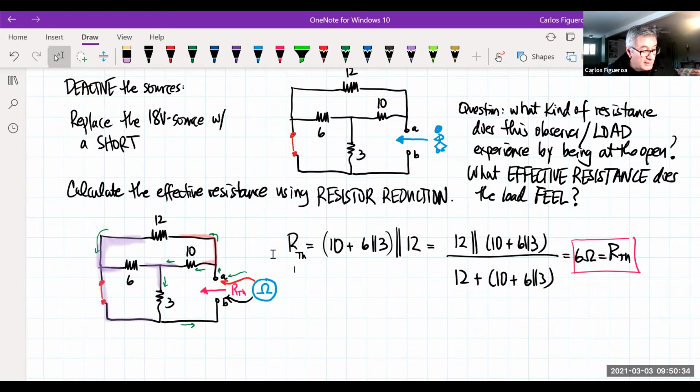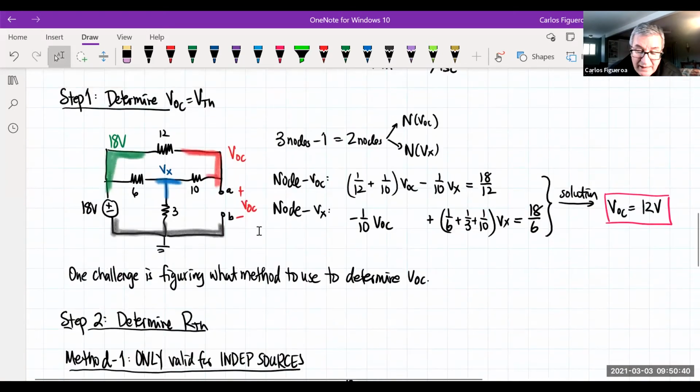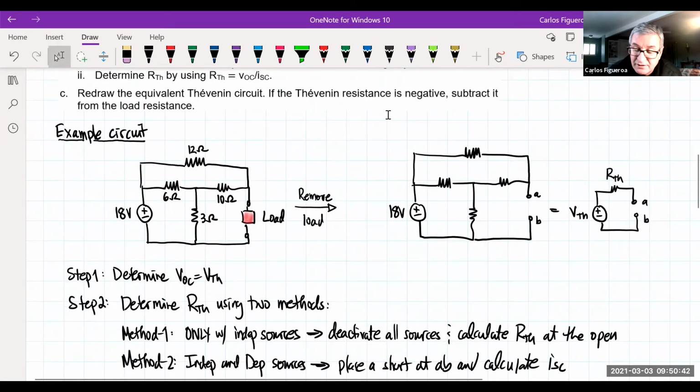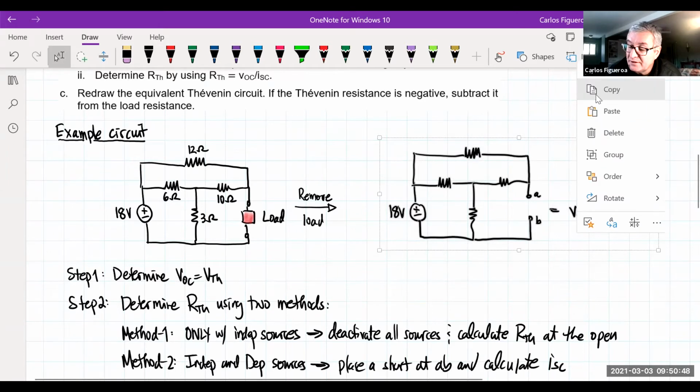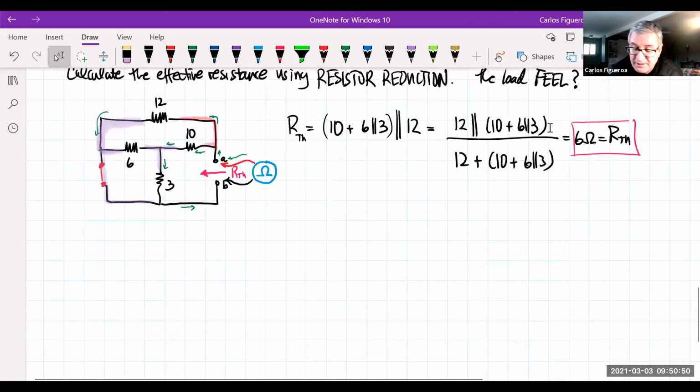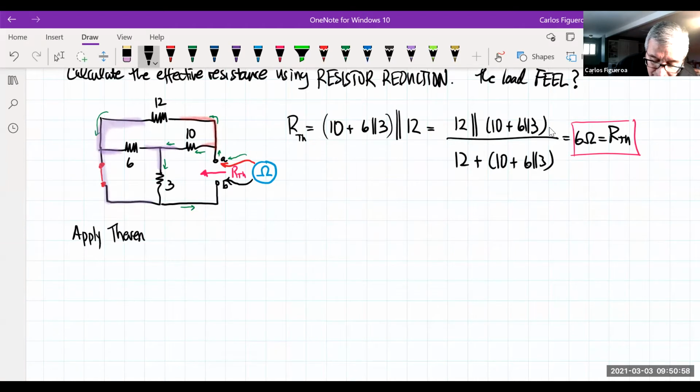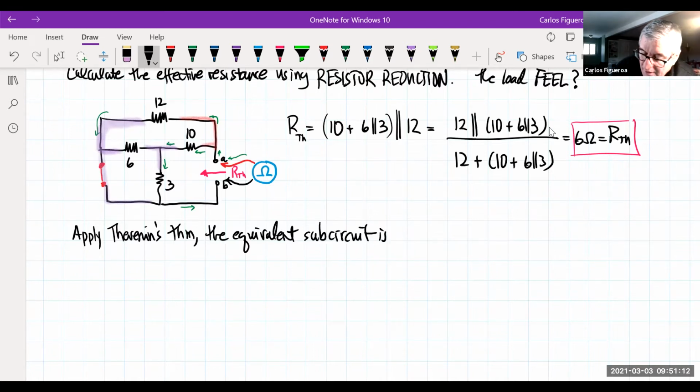Now, when you're looking at that method, we now have this circuit right over here. If I apply Thevenin's theorem, the equivalent circuit is this.